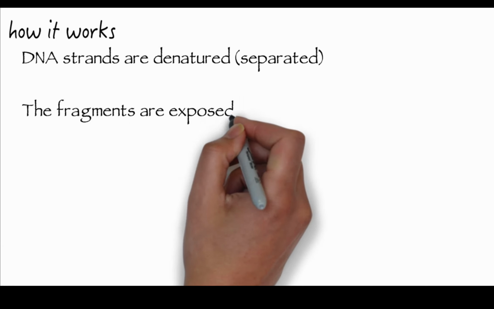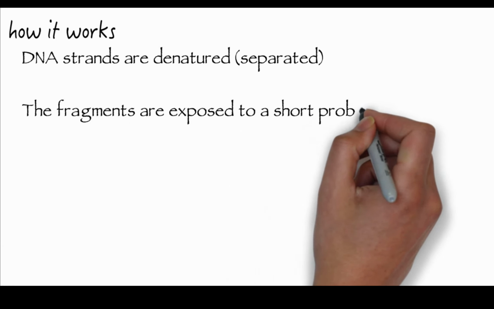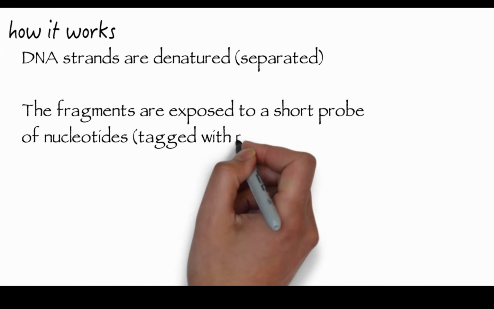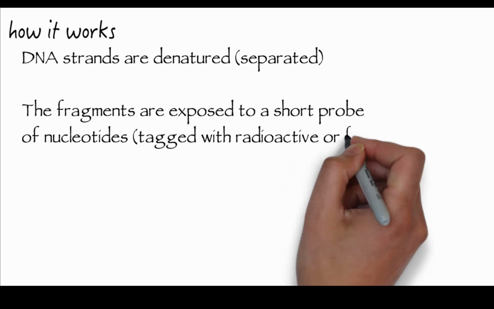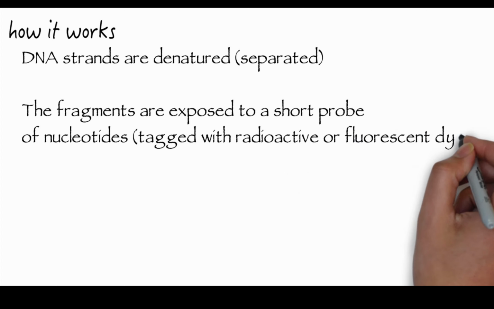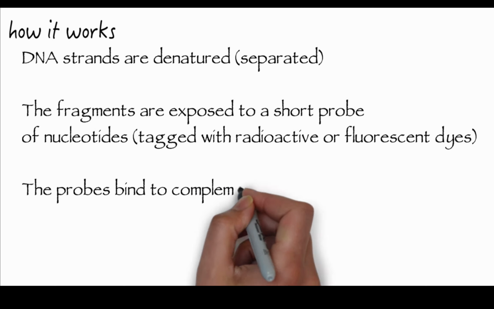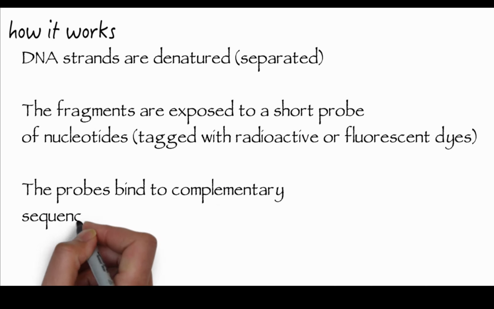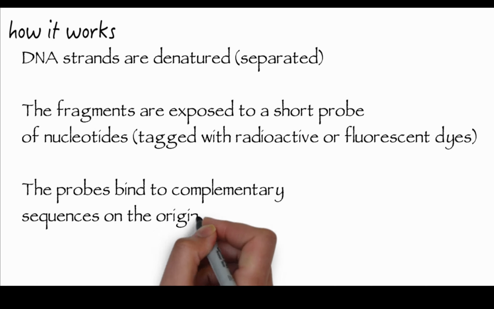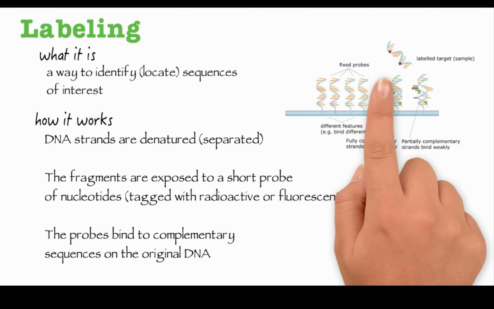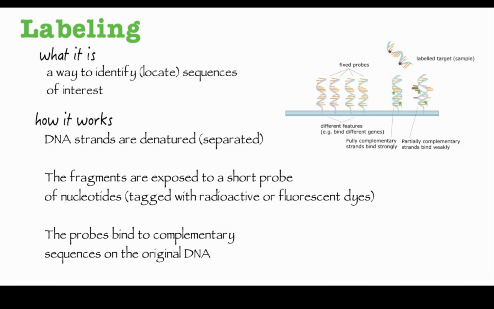The fragments are exposed to a short strand of nucleotides which have been tagged with radioactive or fluorescent dyes. The probes bind to complementary sequences on the original DNA. This image shows how this occurs. Can you see how the complementary nature of DNA allows this to happen?